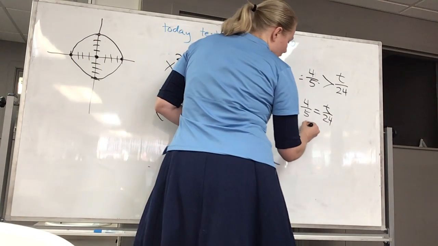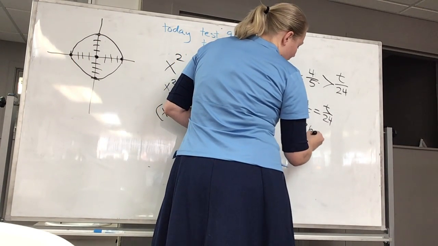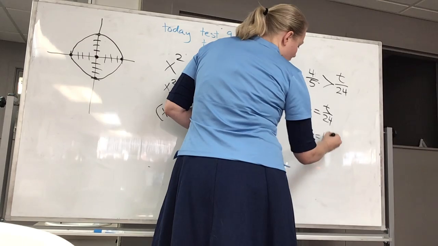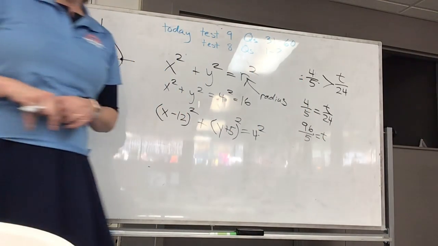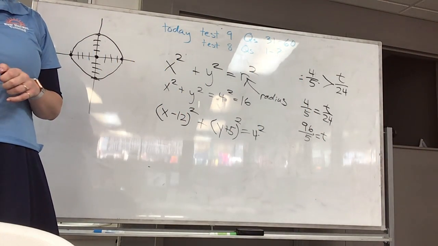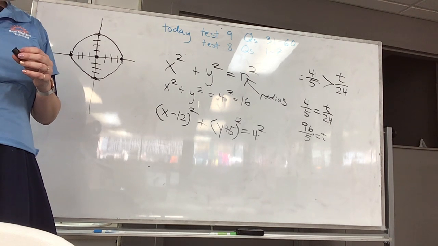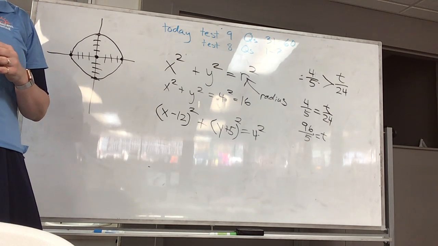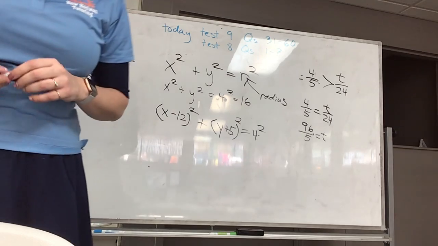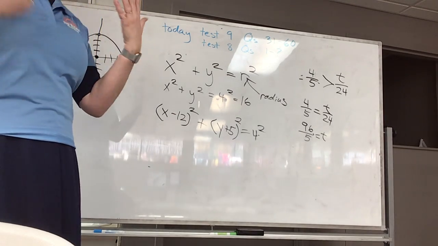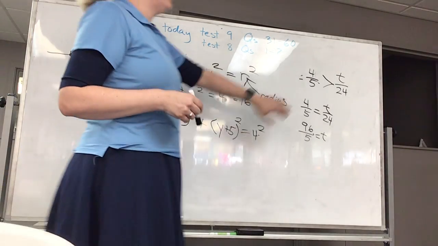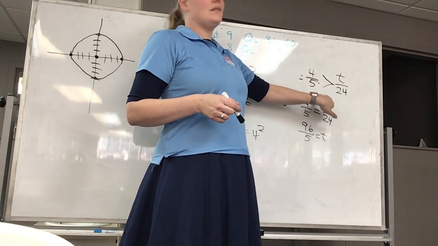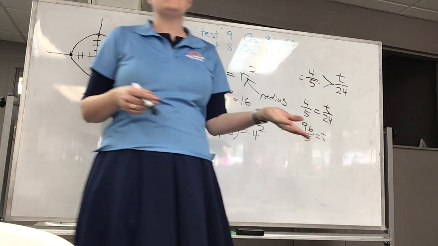And so it'll be 96 divided by 5, which comes out to 19.2. And so if it's 19.2, the greatest number that still works that makes it less than would be the solid 19.